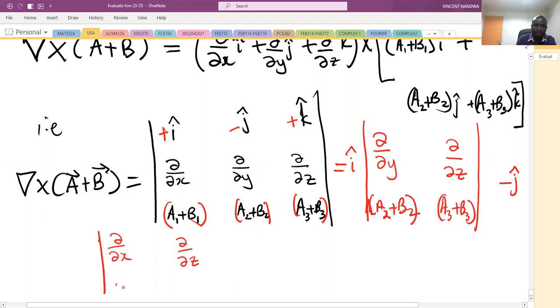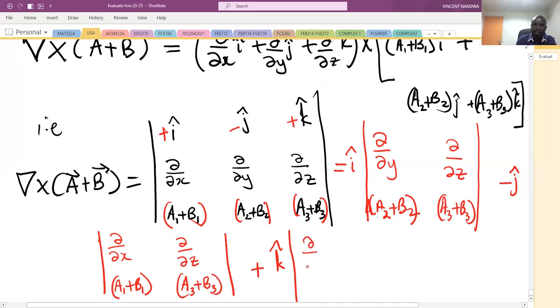We have A1 plus B1, A3 plus B3, and then plus k. So delete this column, this row.